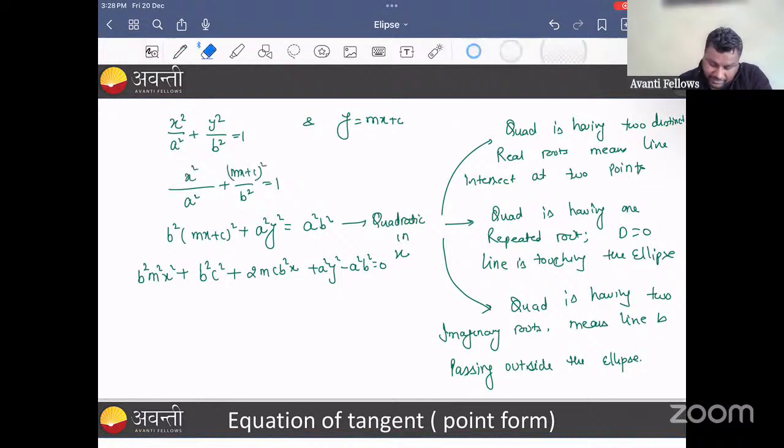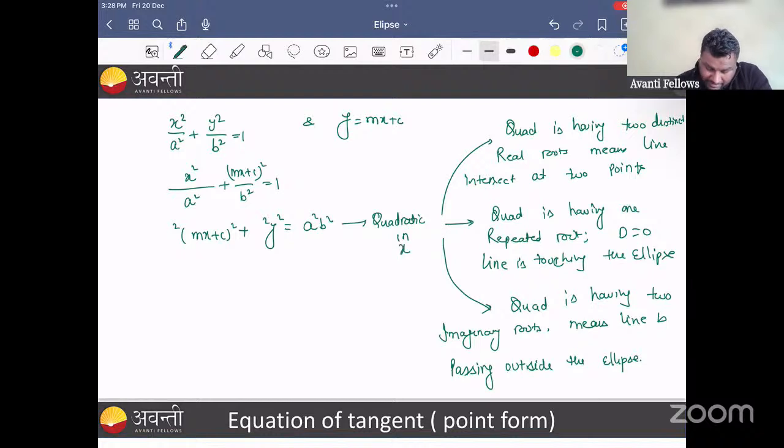This is how it will work. So it will be a square into (mx plus c) whole square plus b square x square, which gives (a square m square plus b square) into x square plus 2a square mc x plus a square into (c square minus b square) equals 0.